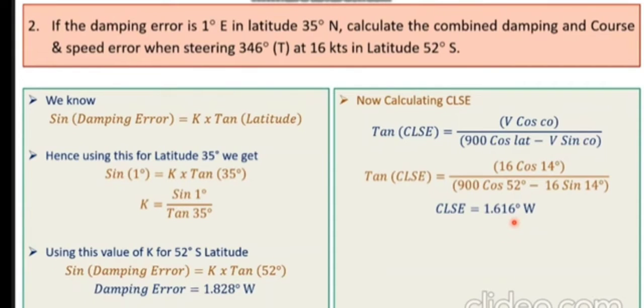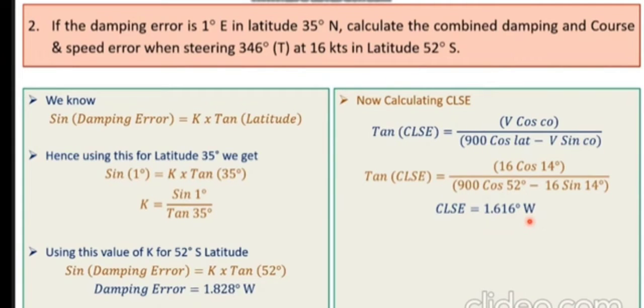Now to obtain the direction or the name of the CLSE, or the steaming error, we are aware that the steaming error on northerly courses is always west. Whenever there is a northerly component in the course, that means the course is either northeast or northwest quadrant course. In that case, the error will always be west.